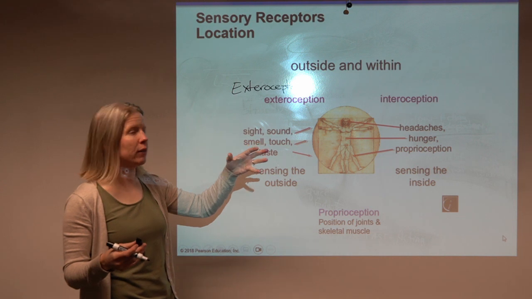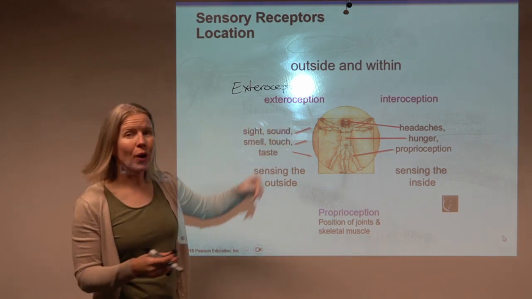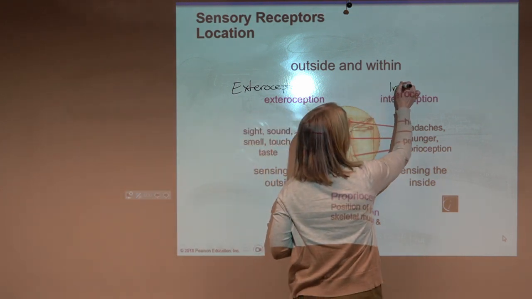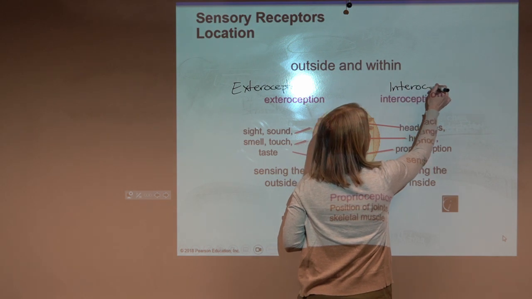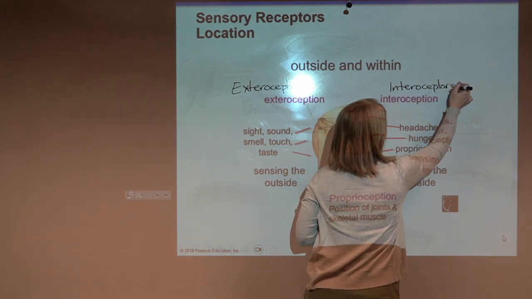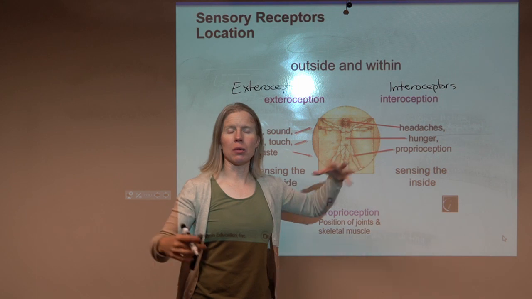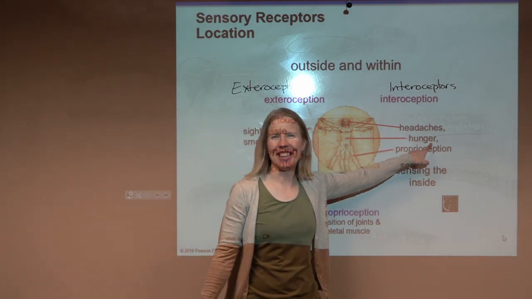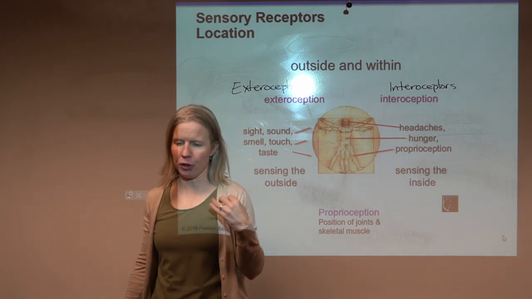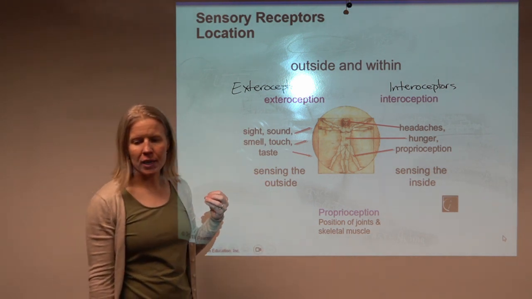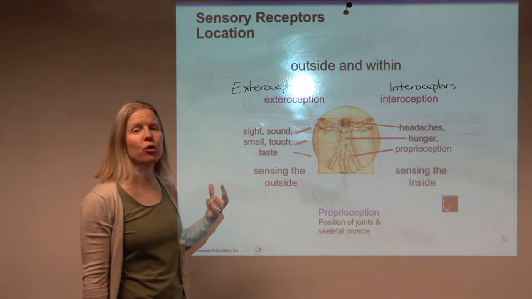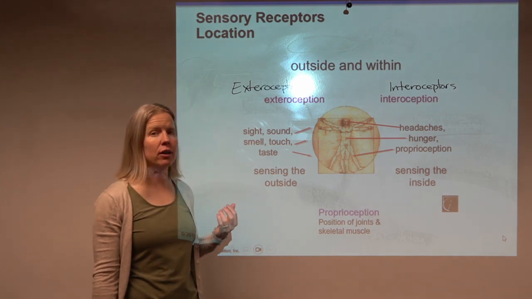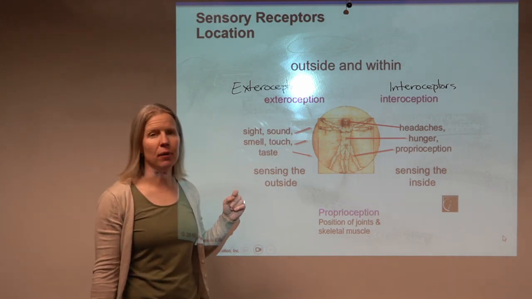But dealing with our skin, the outside world. We also have interoceptors, right? And these are based in our viscera. So maybe a stretch receptor in our stomach or a pain receptor somewhere in our brain. So a lot of like visceral organs, right? We're checking in on the insides as well.